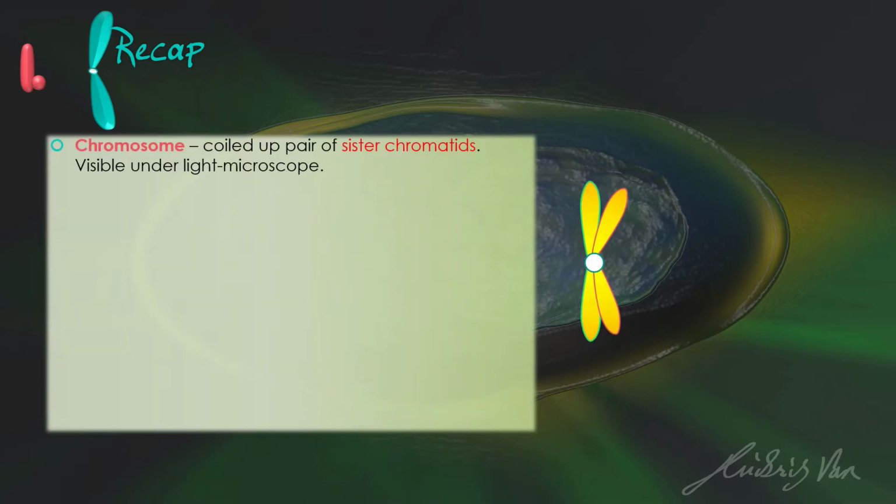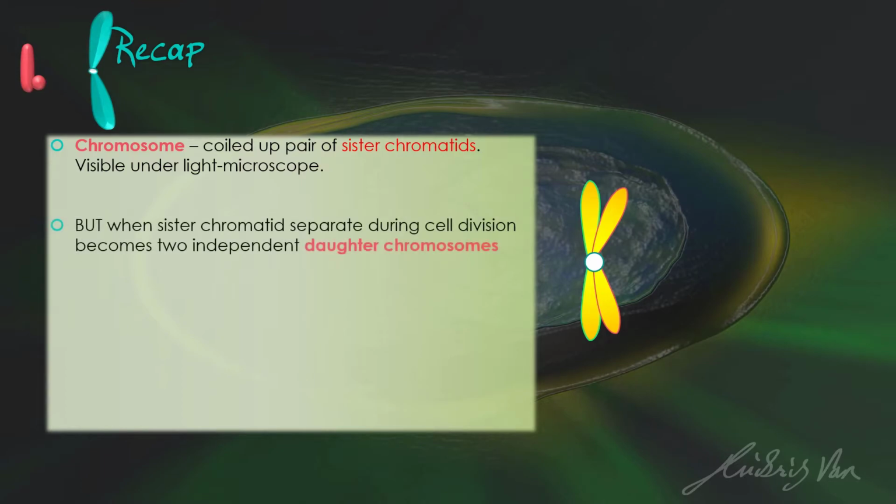Chromosomes are a pair of coiled up sister chromatids, and they are visible under the light microscope. So we have a pair of sister chromatids, and this is a chromosome. But when the sister chromatids separate during cell division, which you will learn later on, they will become two independent chromosomes.